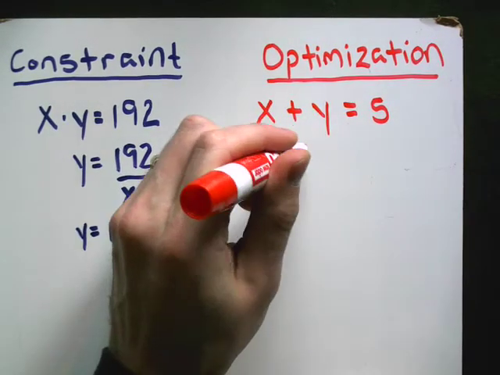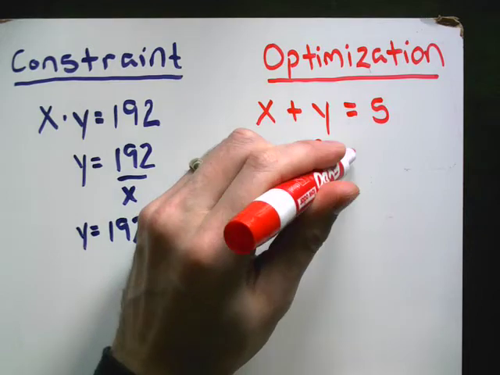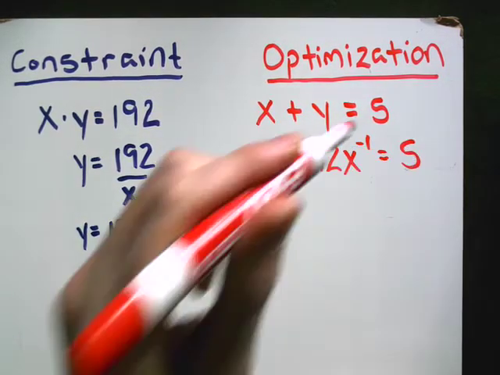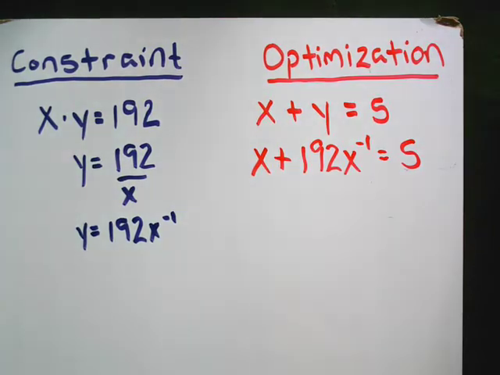So 192 x to the negative first equals our sum. Okay, or you could write 192 over x. I use the negative 1 because eventually we're going to be taking the derivative, and it's just easy to have powers when you're taking the derivative.